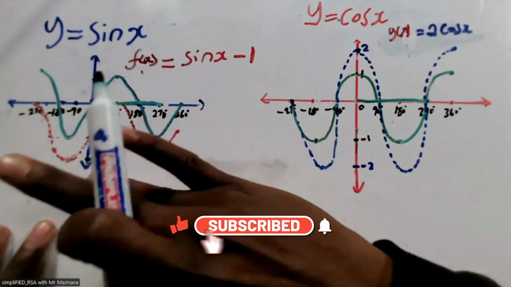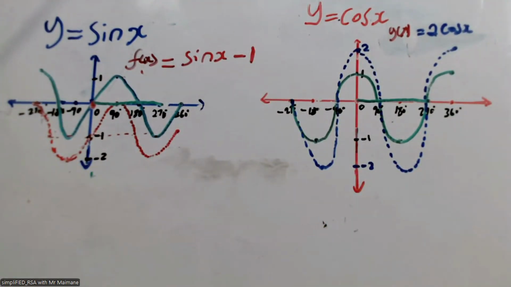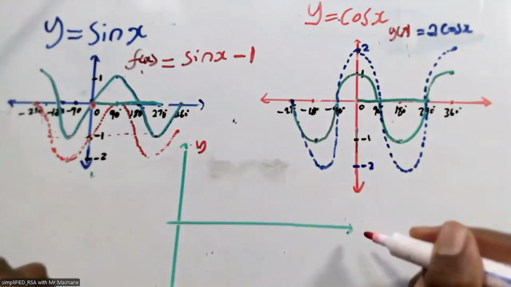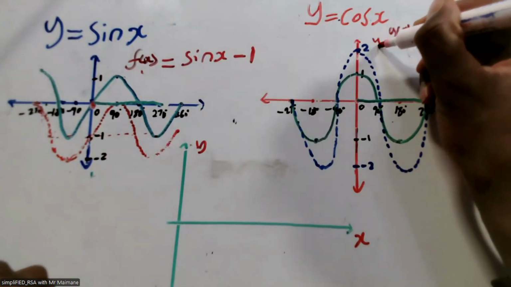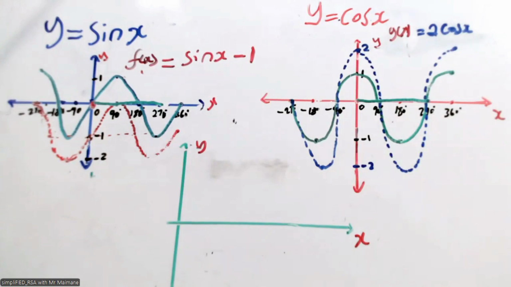Now let's have our final graph. I think this base can work. So our final graph will be, these are the y-axis, x-axis, y-axis, x-axis.